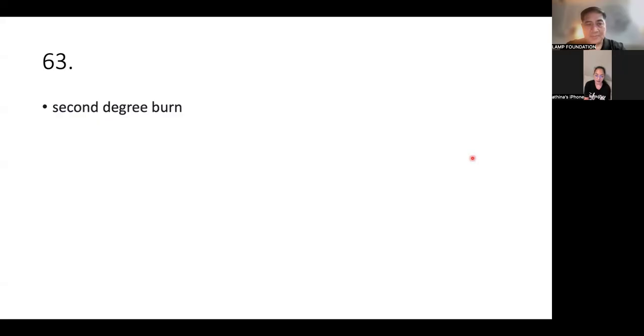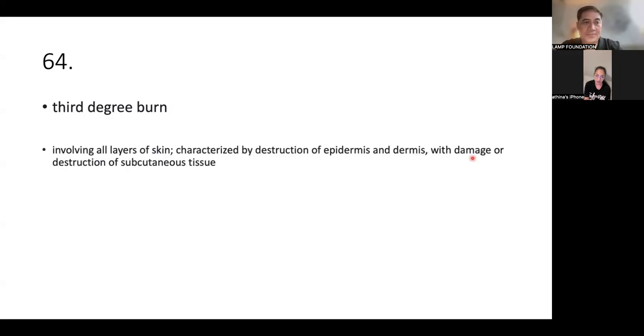Second degree burns are marked by pain, blistering, superficial destruction of the dermis with edema, and hyperemia of the tissues beneath the burn. Third degree burn. Third degree burns involve all layers of skin, characterized by destruction of the epidermis and dermis with damage or destruction of the subcutaneous tissues.